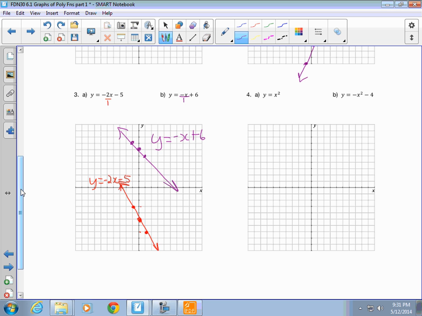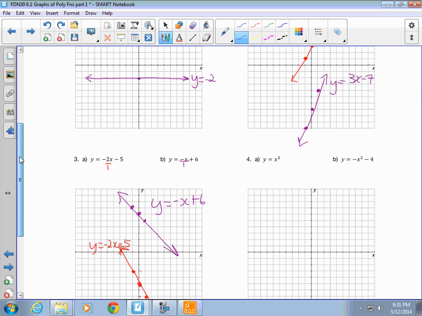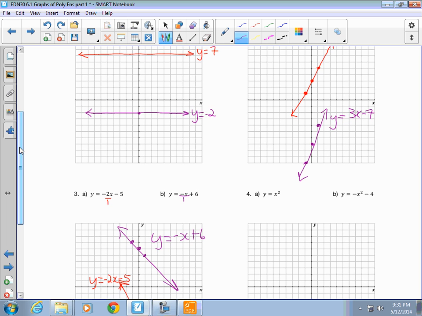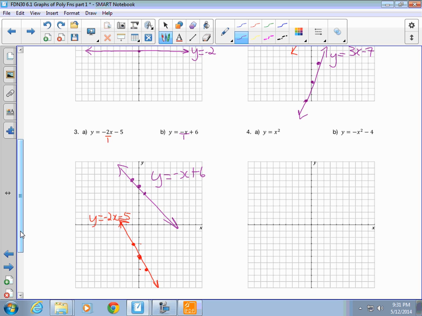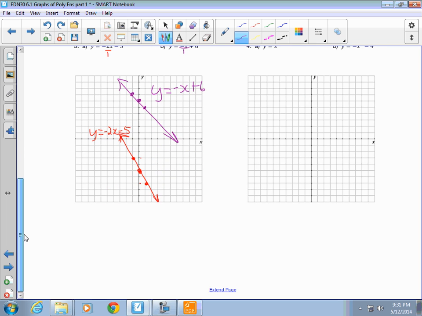So if I compare my graph 2 with my graph 3, I can see my graph 2 is going from negative to positive, if I read it from left to right, and my graph for question number 3 is going from positive to negative. So if it is a positive slope, your line rises to the right.